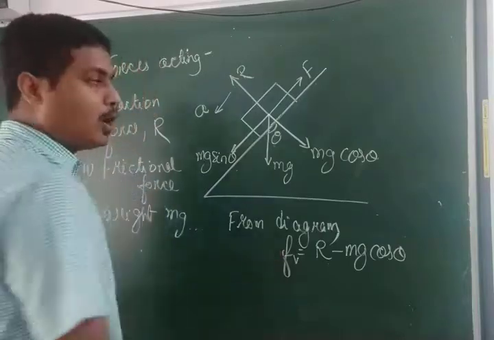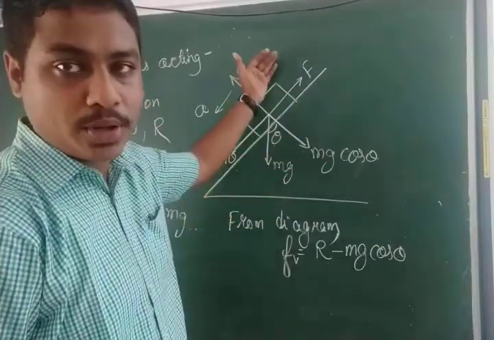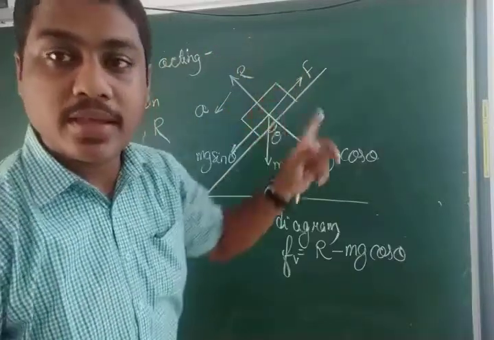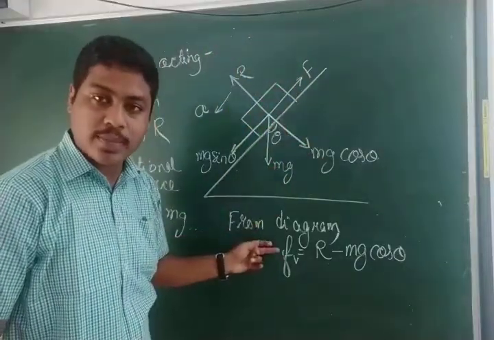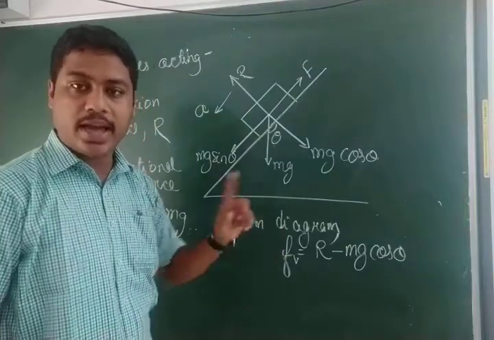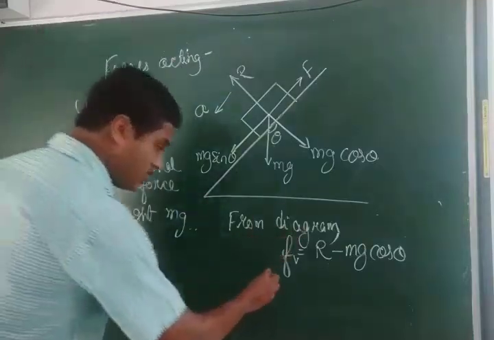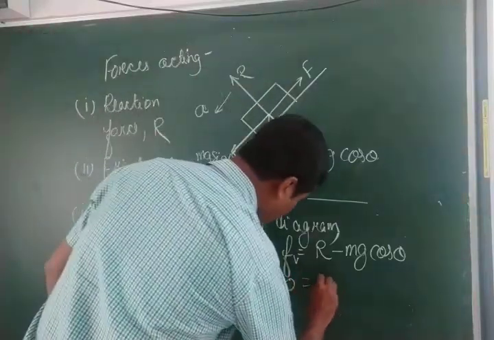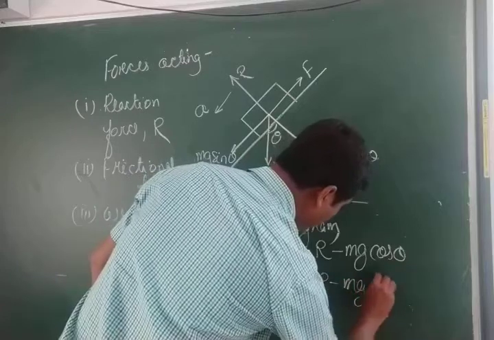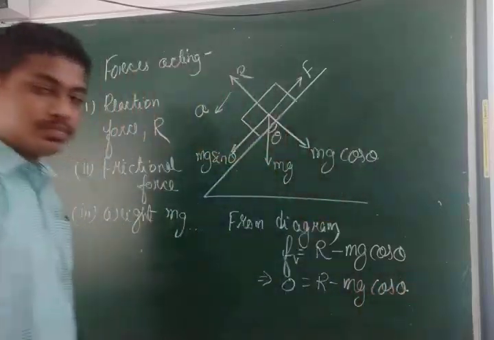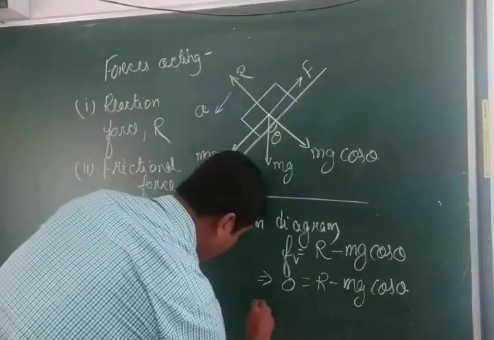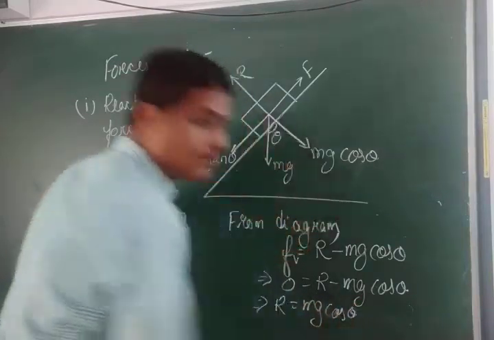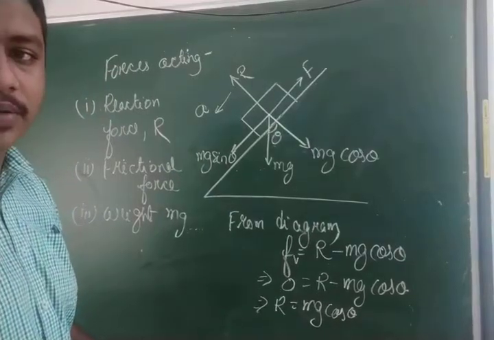Since your body is not moving above, the acceleration of the object along the vertical direction will be 0. We know force is equal to mass into acceleration. If acceleration is 0, your force along the vertical direction will also be 0. So R minus mg cos theta equals 0, or R is equal to mg cos theta. So we have got R is equal to mg cos theta.